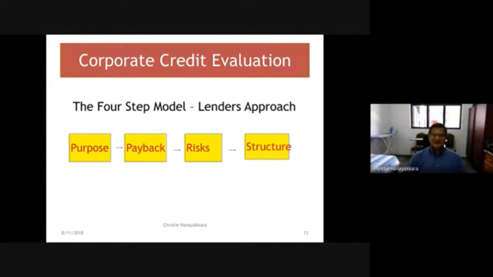If you look at your balance sheet to see what working capital is, you take your current assets, you reduce the current liabilities, and the answer you get is the requirement for your working capital. So you need to borrow money by way of either an overdraft or a short-term loan or whatever. So that's one of the purposes.